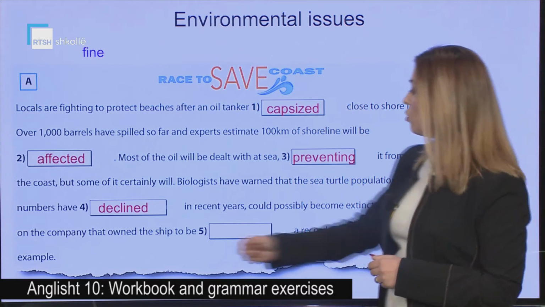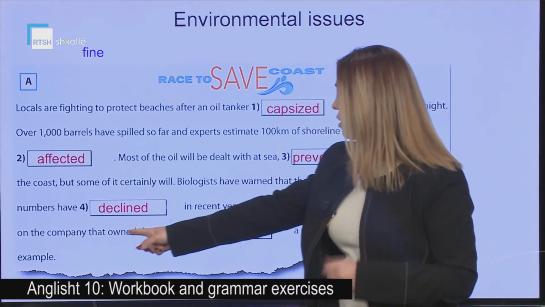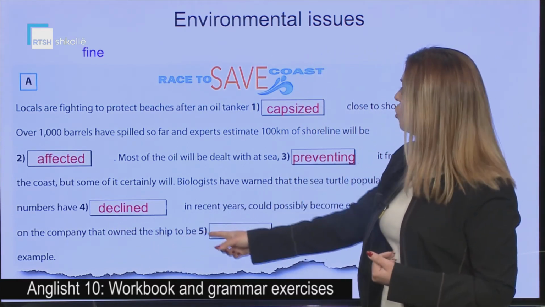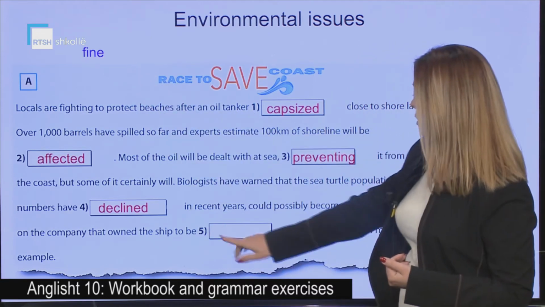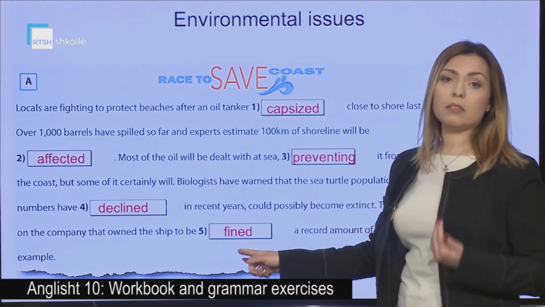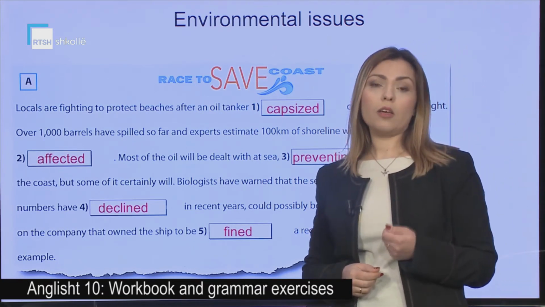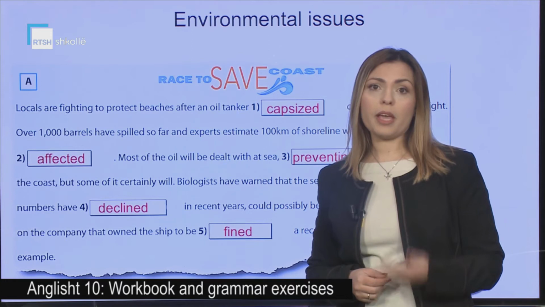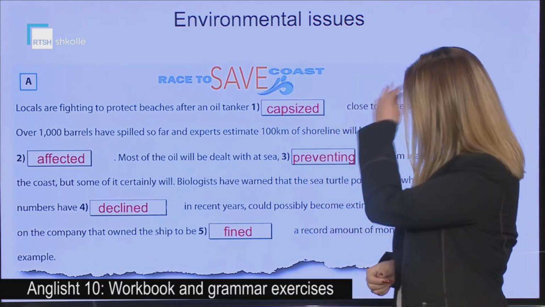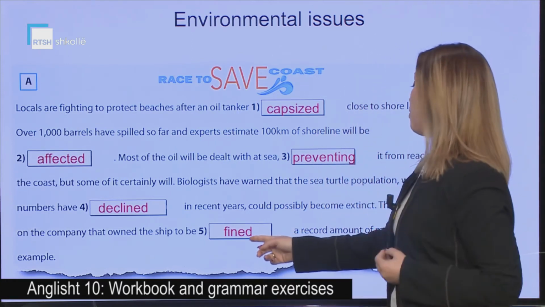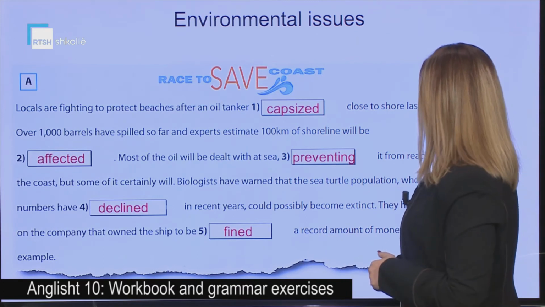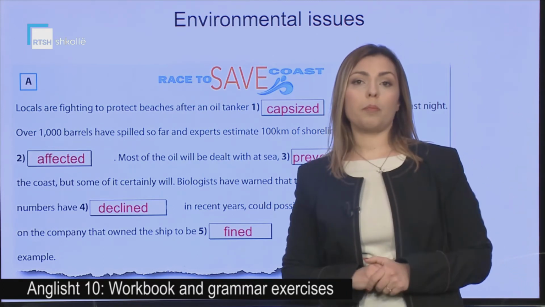They have called on the company that owned the ship to be, put it in the past, to be fined. So this company has to pay a lot of money for this damage that they created in the sea and in the nature. So they have to be fined a record amount of money to set an example.